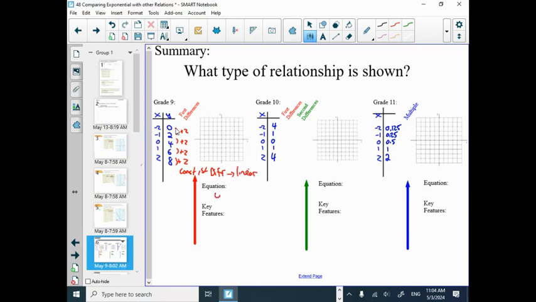So the equation we know to do with that is y equals mx plus b. I was supposed to put key features down here, was constant first differences. That's how I had it organized, but I forgot here. So there we go. So constant first differences, therefore it's linear, of course.